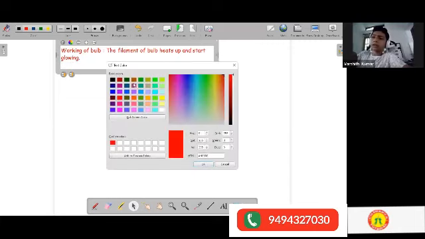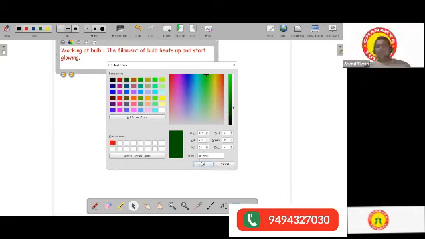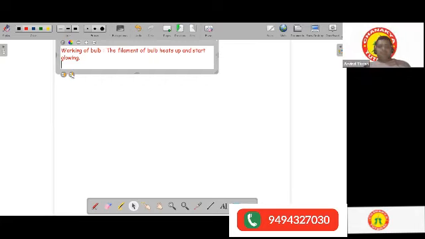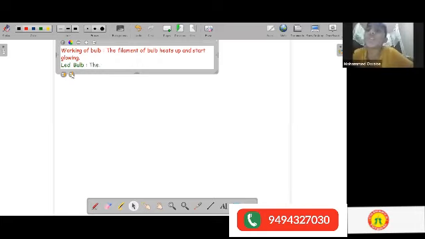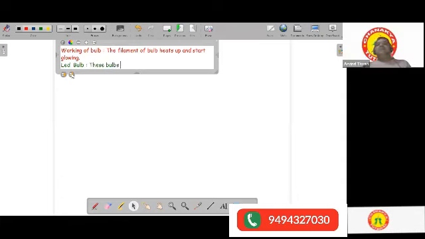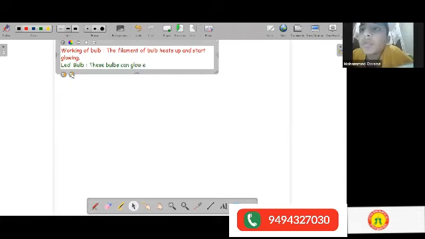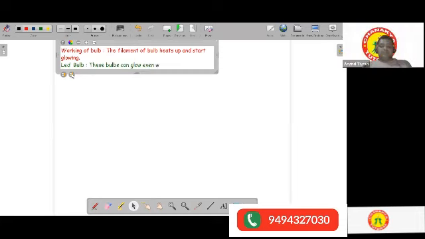Sir, we can use LEDs. Yes, we can use an LED bulb here. LED bulbs can glow even with small current.